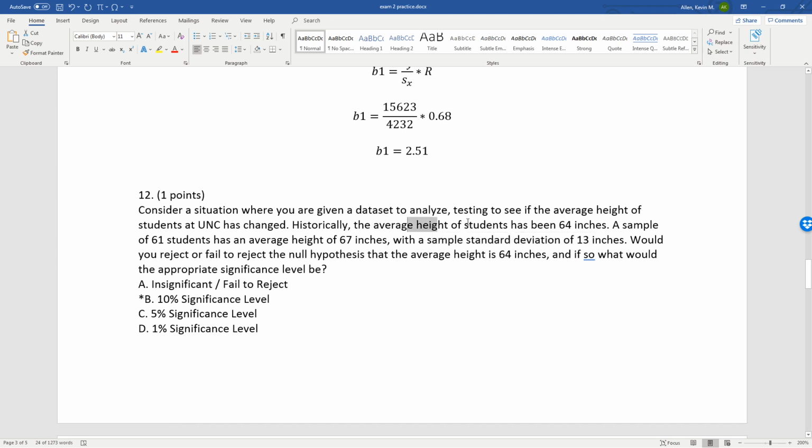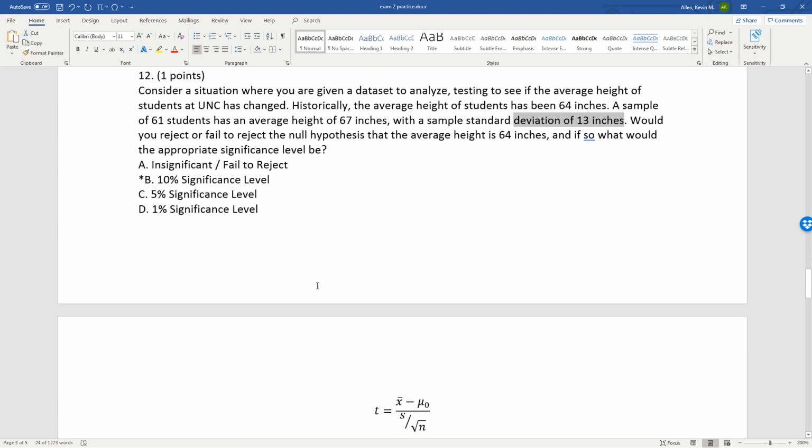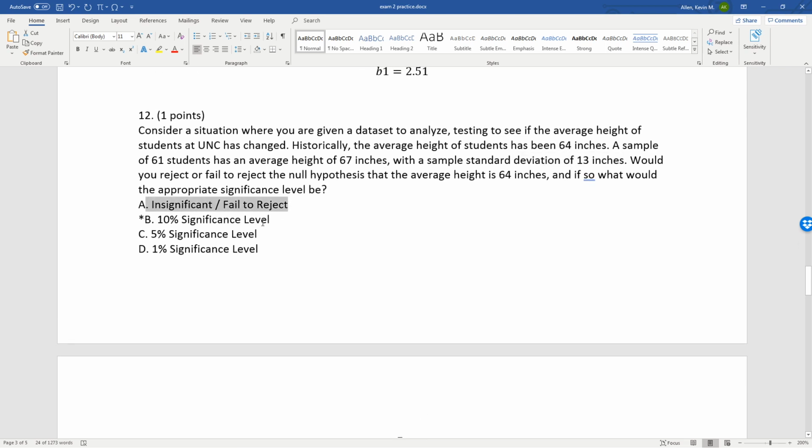So historically, we have a height of 64. We take a sample of 61, find the average height of that sample to be 67, with a sample standard deviation of 13 inches. Would you reject or fail to reject the null hypothesis? And if so, what would the appropriate significance level be? So we have insignificant, 10% level, 5% level, 1% level.